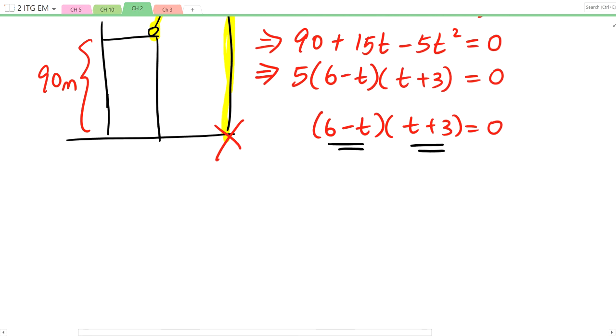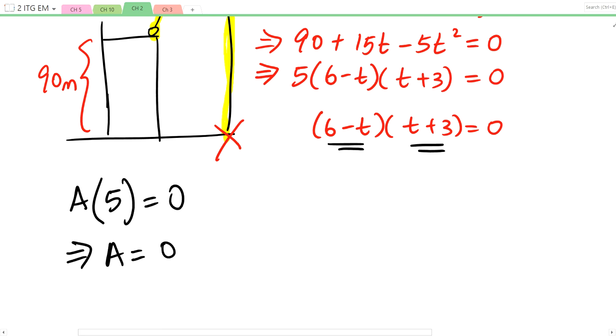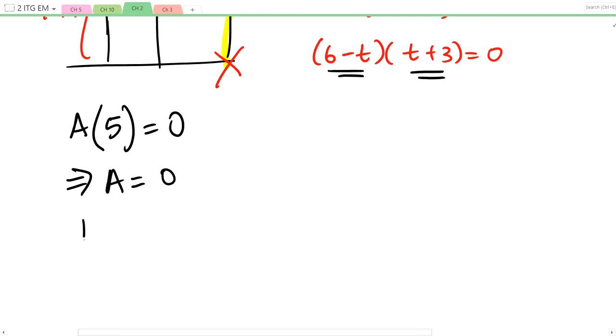If I tell you, for example, a times 5 equals 0. What can you tell me about a? Oh, yeah, you are right. What if I say 10 times b equals 0? What can you tell me about b? It must be 0, right?